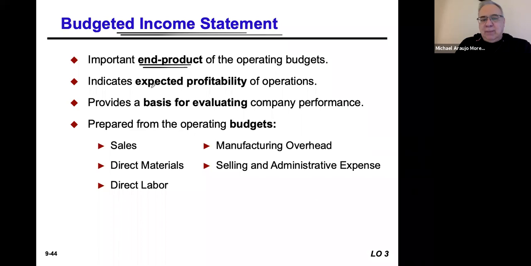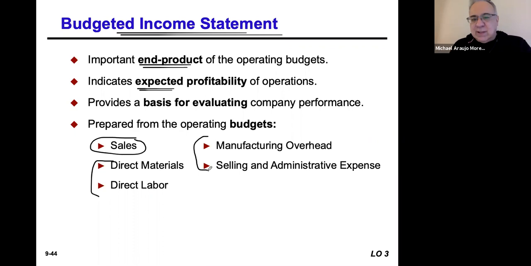So what the budgeted income statement does is it tells us, based on what we've projected, this is our expected profitability, and we can use that to, again, evaluate how we're doing. And again, your sales budget certainly will give you the sales revenue, and all your other budgets will give you all your expenses. And so if you know your revenue and expenses, you can do this.